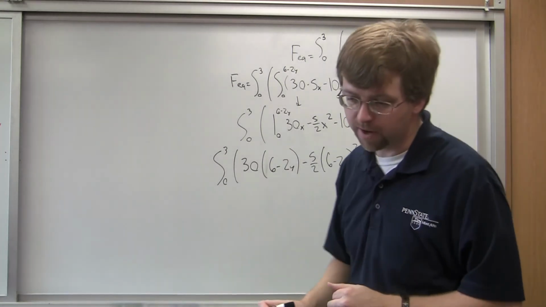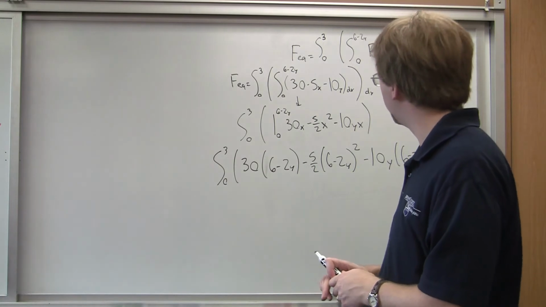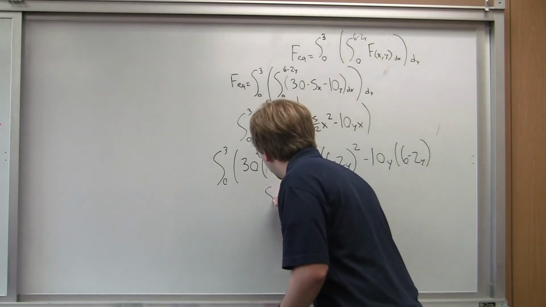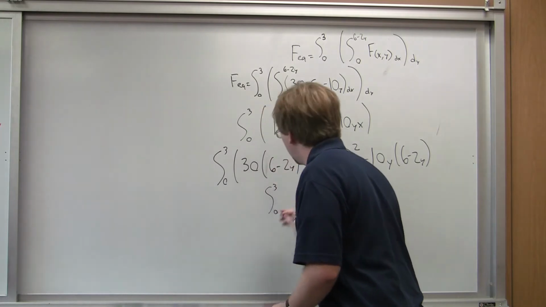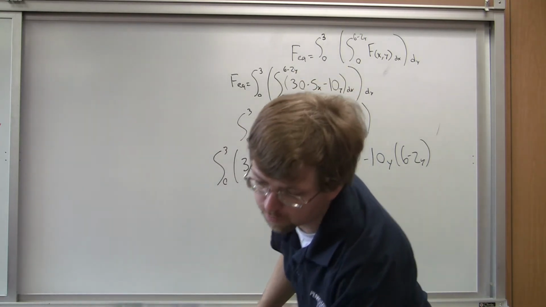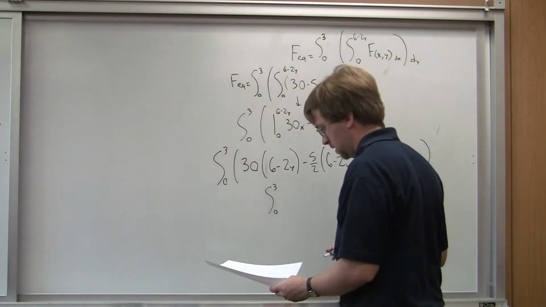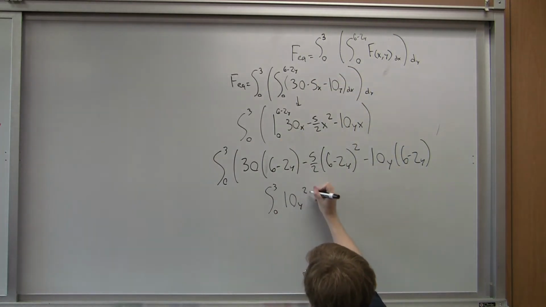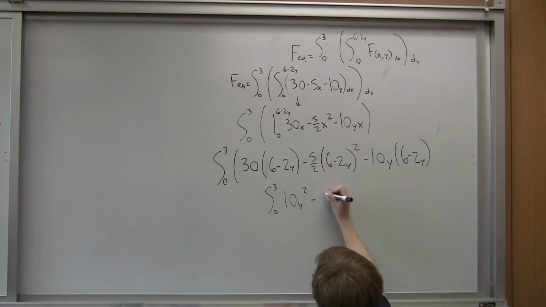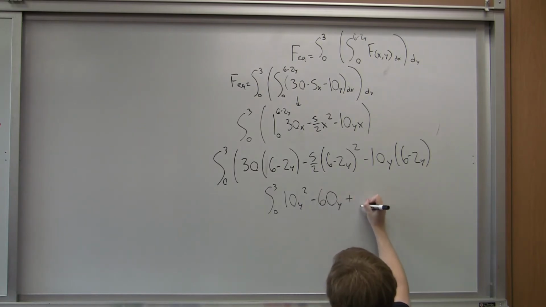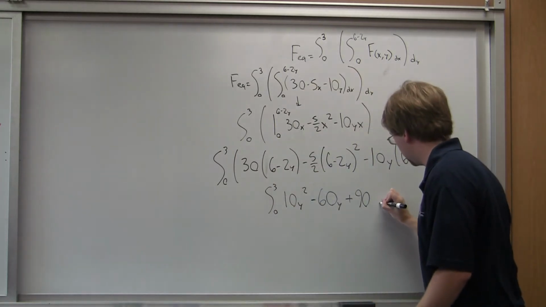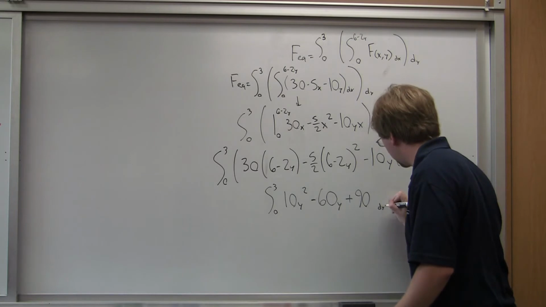And we can find the algebraic function simplified to the integral from 0 to 3 of 10y squared minus 60y plus 90. So we're integrating with respect to y.